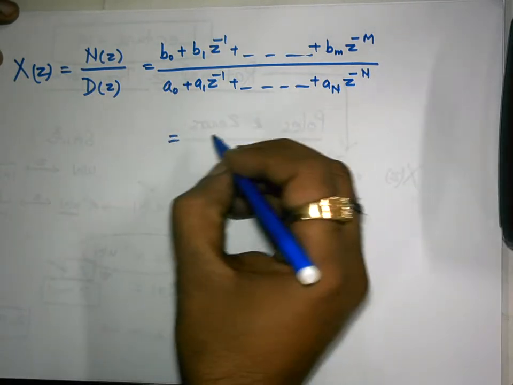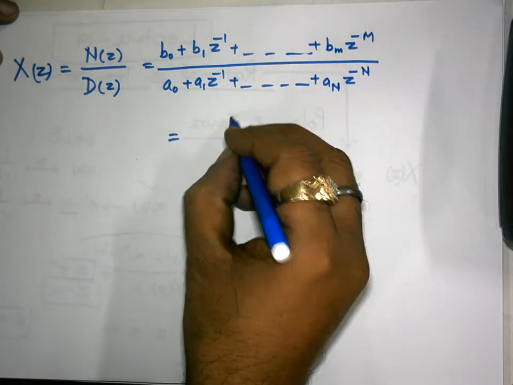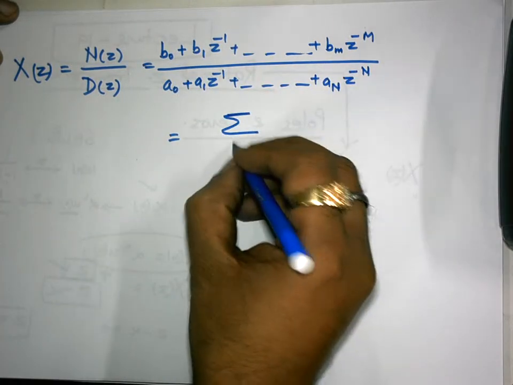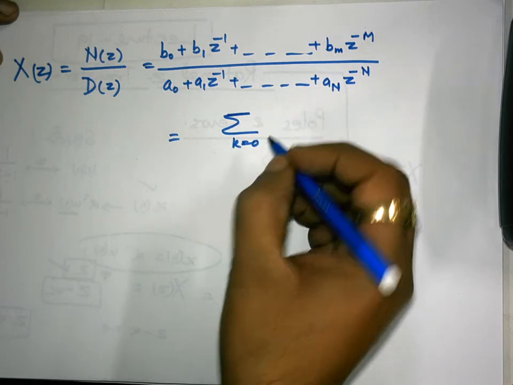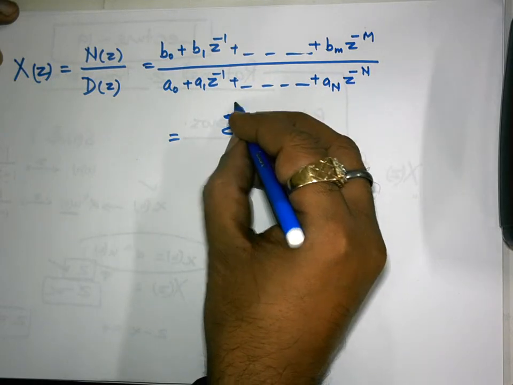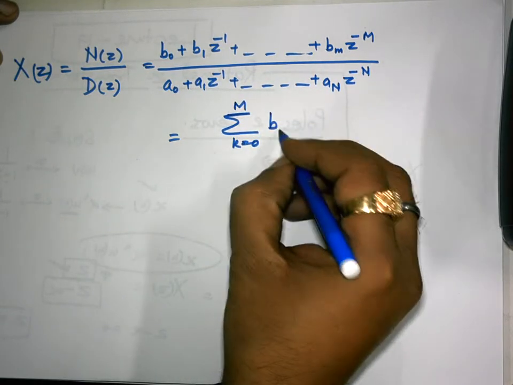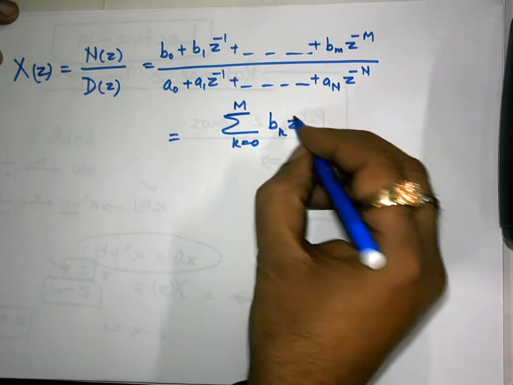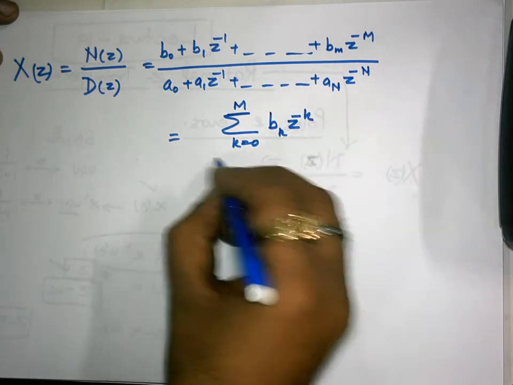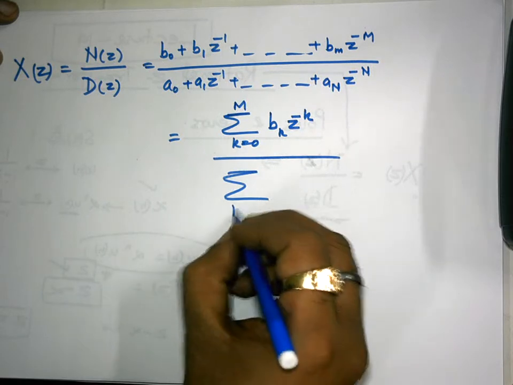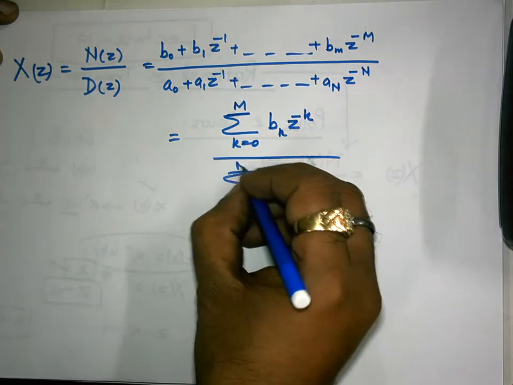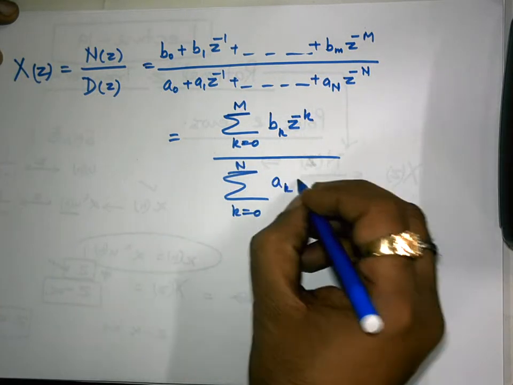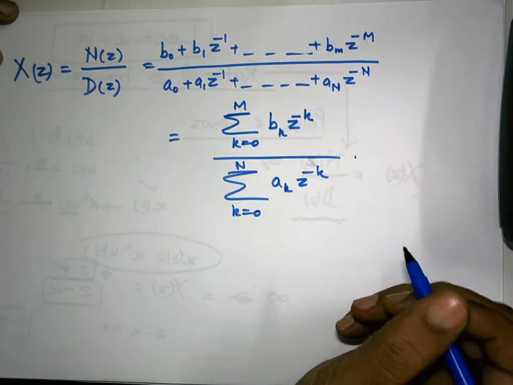In its compact form, these can be written in summation form: summation k equals 0 to m of bk z to the power minus k, over summation k equals 0 to n of ak z to the power minus k.